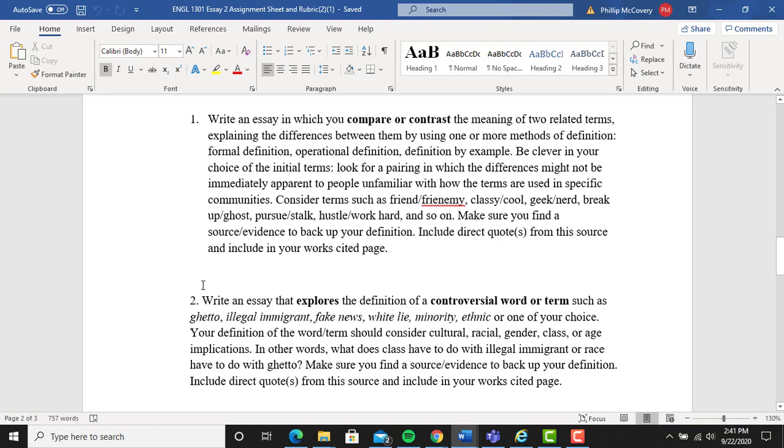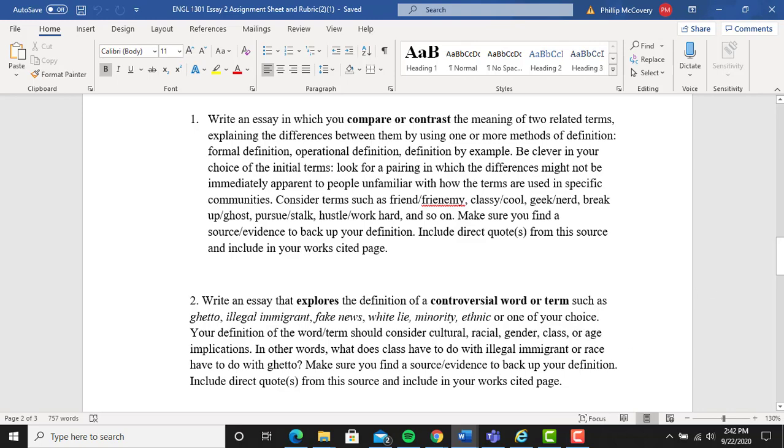We've all heard that word. Maybe you've used it. I know I have. But how did you use it? And in what context did you use it? So for topic 2, you're going to have to choose a word, hopefully controversial, and then come up with your own definition, and then find evidence or support to back your definition or refute your definition.